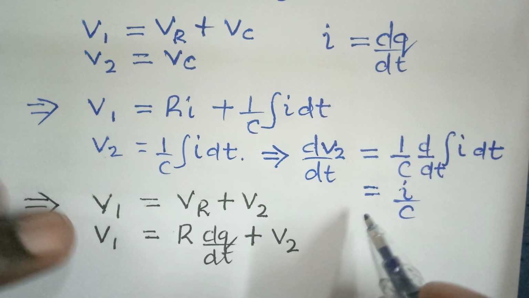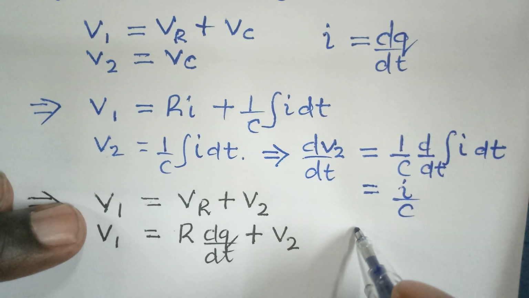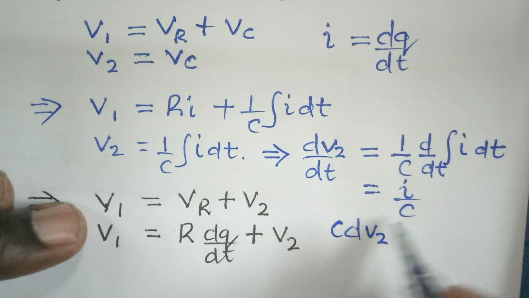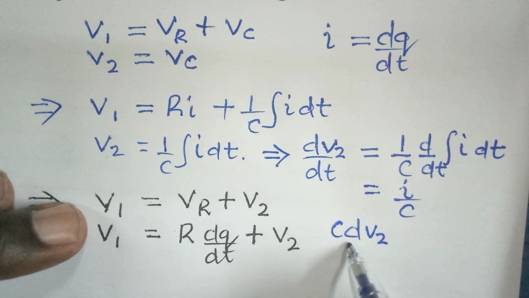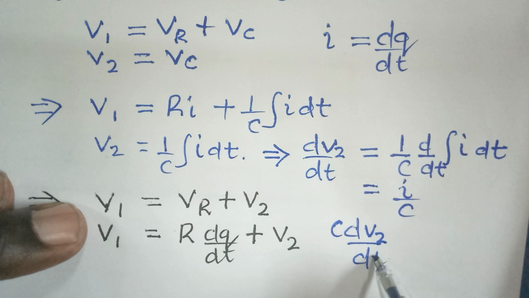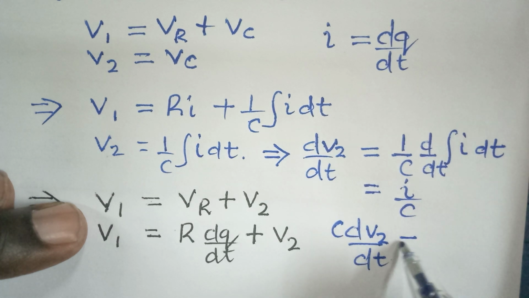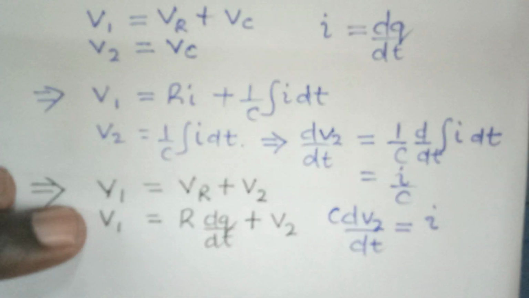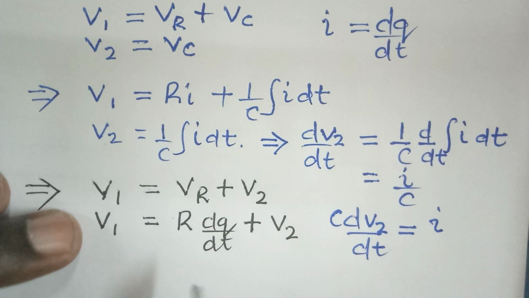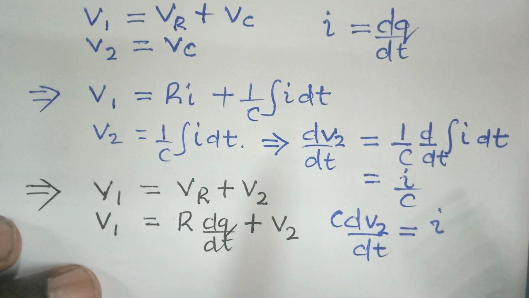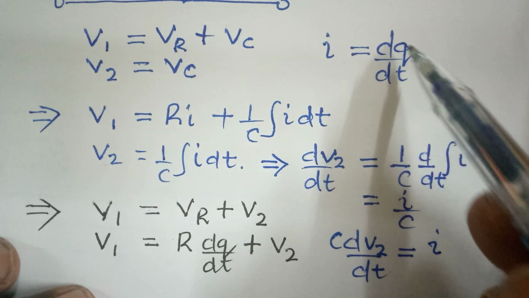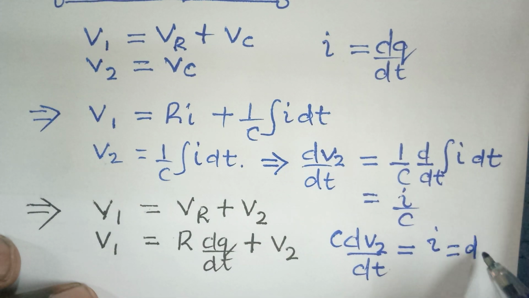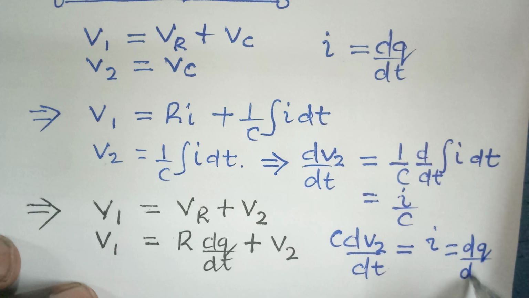Therefore, writing here, we shall have C dV2 over dt, bringing the C over, equal to I. With this I, as you can see, I is dq over dt, so this is the same as dq over dt.